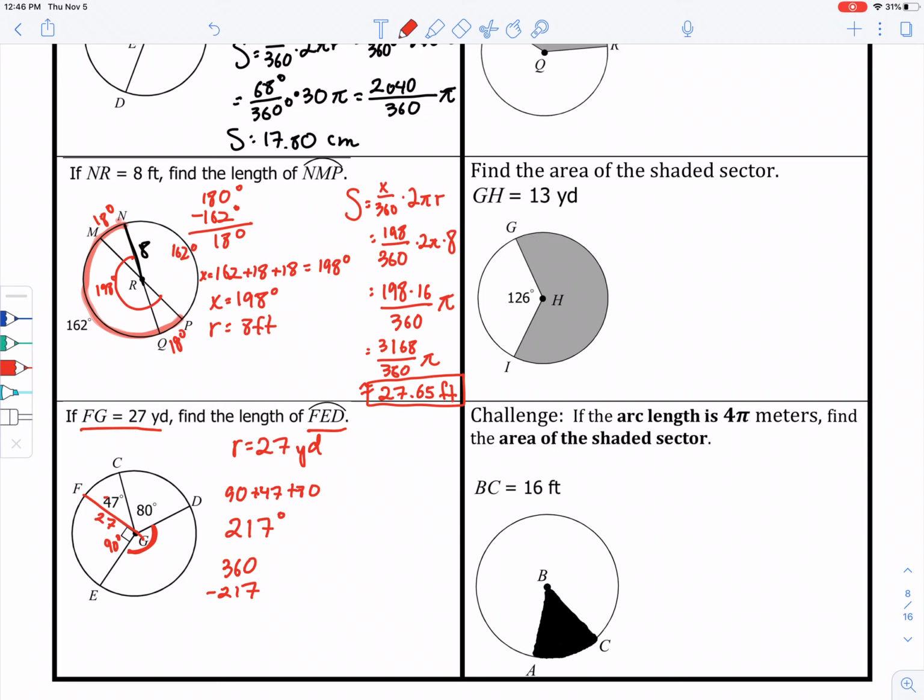So 360 minus 217 gets you 143 degrees. So I know now that this angle, the missing angle, is 143 degrees, which will be helpful when we want to find the angle we want to use.